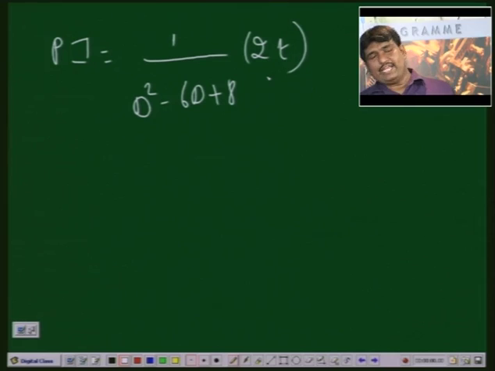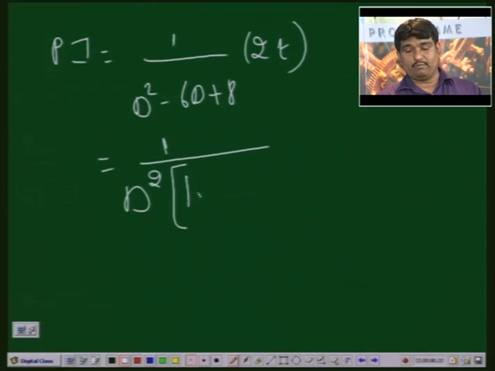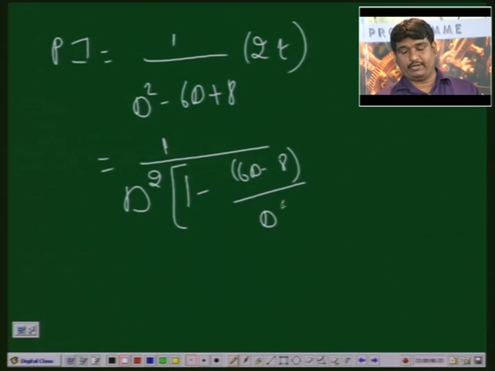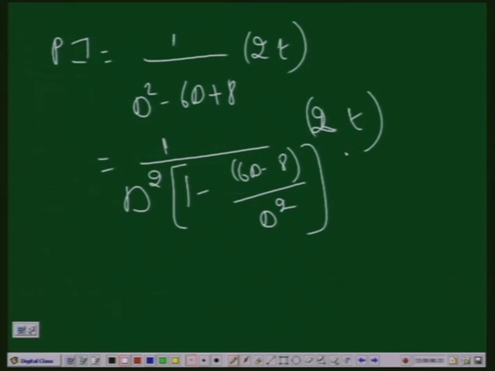Instead of taking 8 common, if I take d square common, what happens? d square times 1 minus 6d minus 8 divided by d square operating on 2t. Okay, this is equals to 1 by d square.